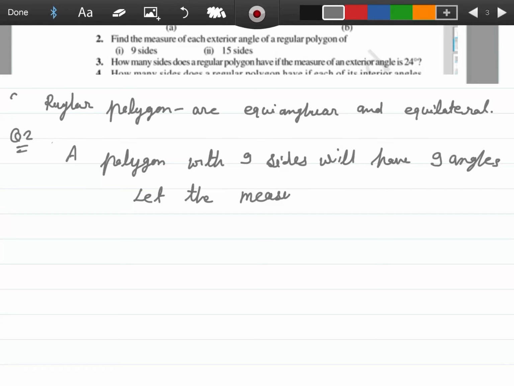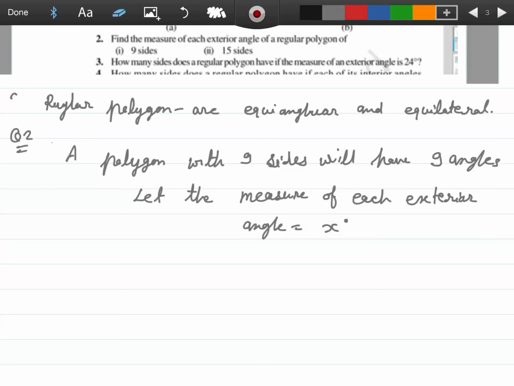Let the measure of each exterior angle be equal to x degrees.